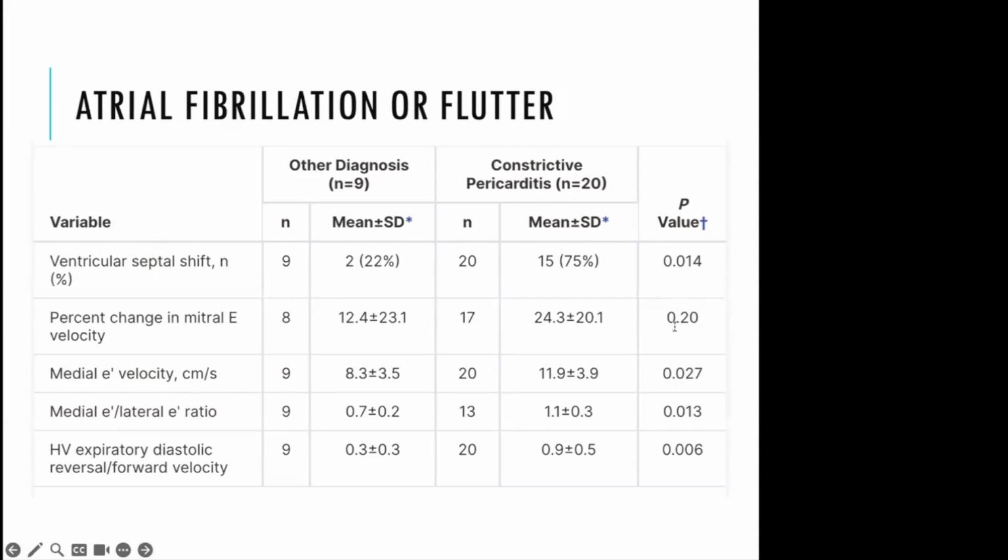However, one does stick out, and that's the percent change in the mitral E velocity. So we can't really rely on that variable when considering constrictive pericarditis for patients with fibrillation or flutter, but we can rely on everything else.